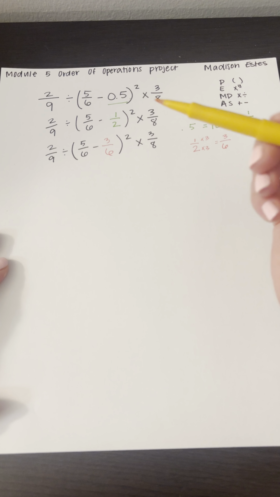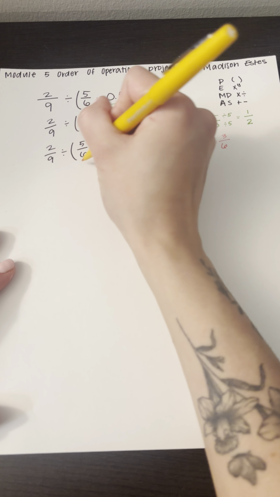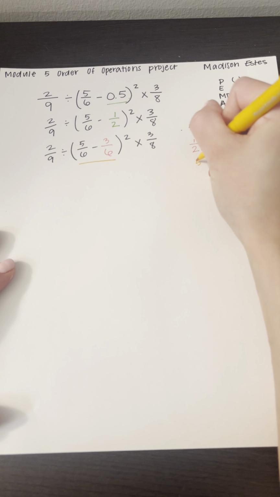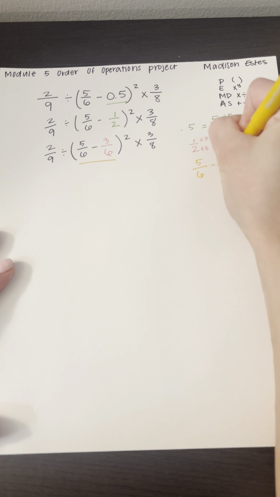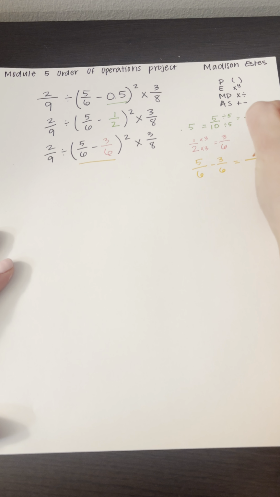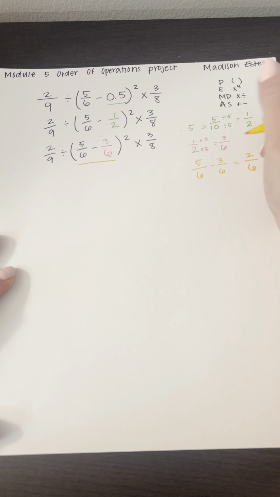And now I can just subtract. Now that I have common denominators, all I need to do is subtract the numerators. 5 minus 3 is 2, and then the denominators stay the same. That is equal to 2/6.